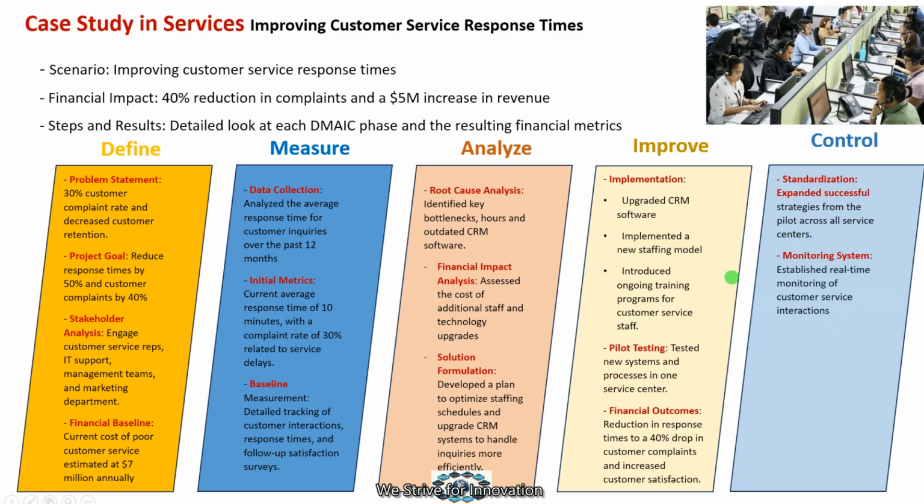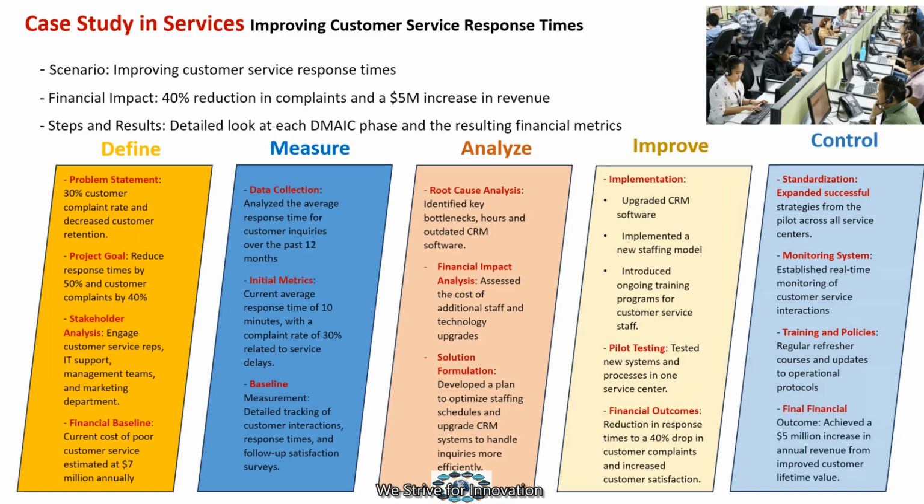Then you will start monitoring your system. You will establish real-time monitoring of customer service interaction to ensure continued adherence to response time standards. You will do training and policy, where you will regularly do refresher courses, which will update all operational protocols to maintain service standards. What is your final financial outcome?